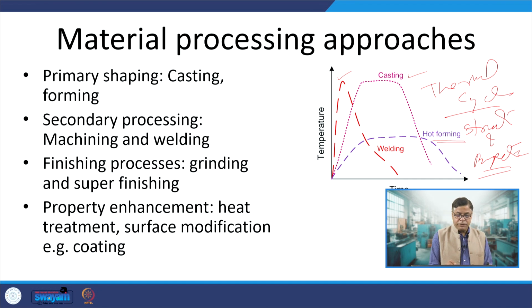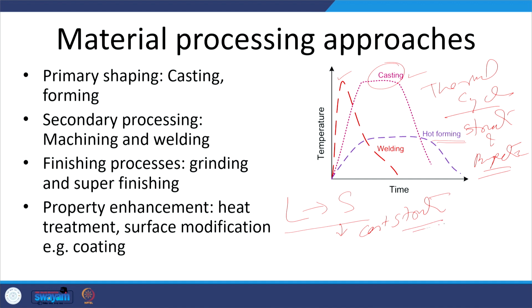Okay. So, usually when the melting happens, we get the liquid metal followed by solidification to produce the product, but this in turn results in the cast structure. Cast structure is considered to be weaker than the deformed structures, where the material is subjected to plastic deformation. Okay. And whenever there is a liquid to solid state transformation, there will always be a tendency for defects like porosity and inclusions.